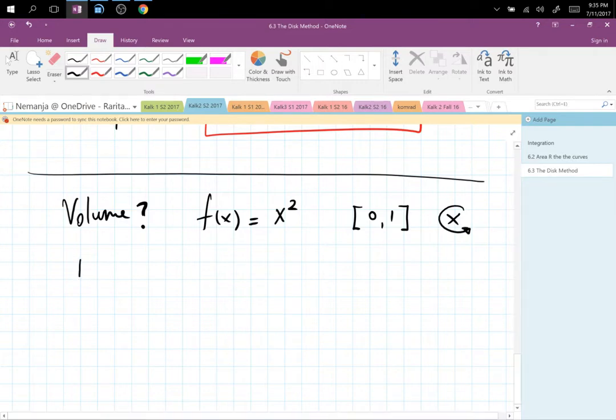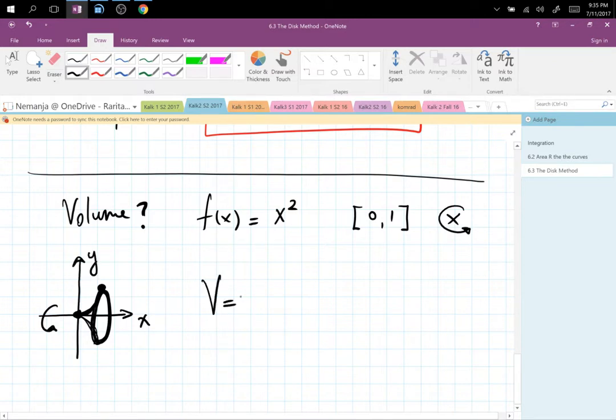So we draw. X squared on 0 to 1 looks like this. And when I rotate on the x-axis, we're going to get the other one. So I'm getting the same shape that I drew before, except now it's on the x-axis.